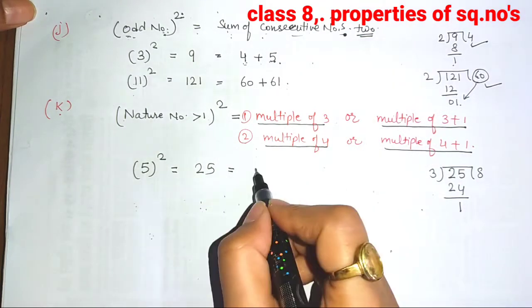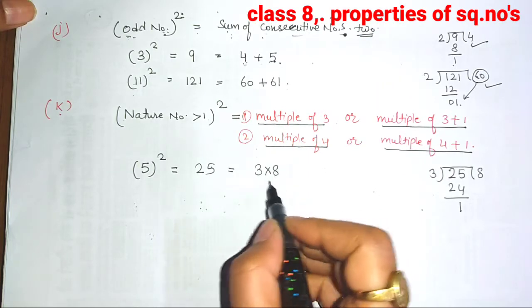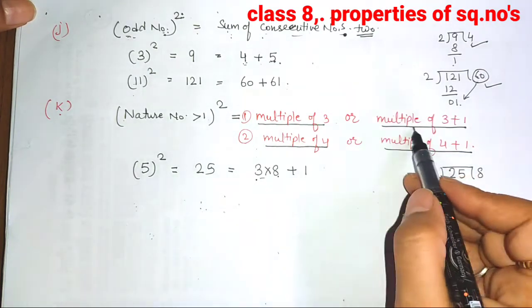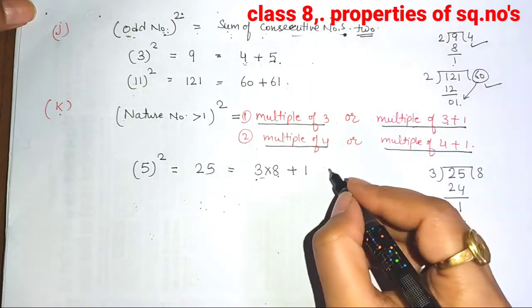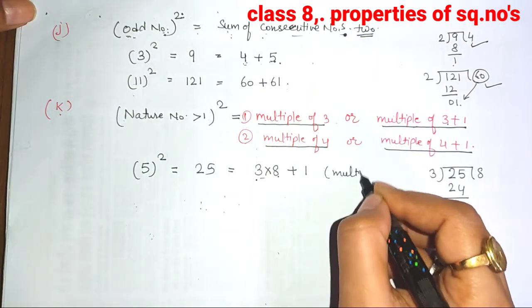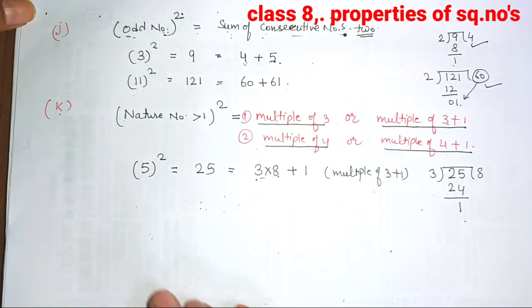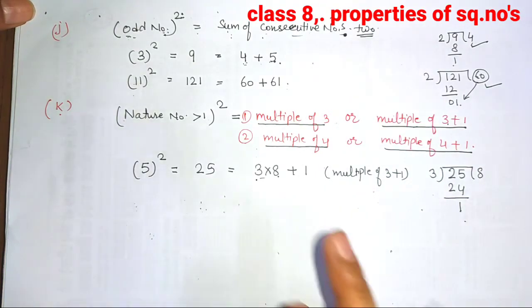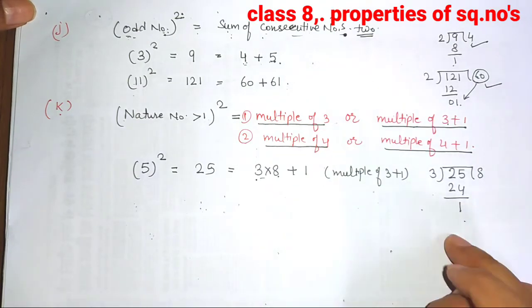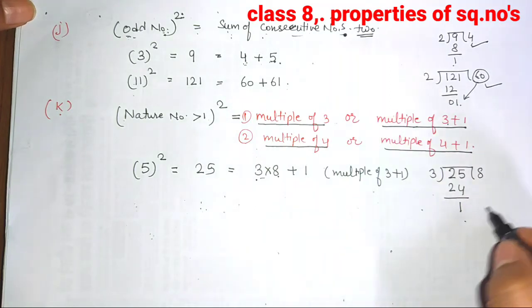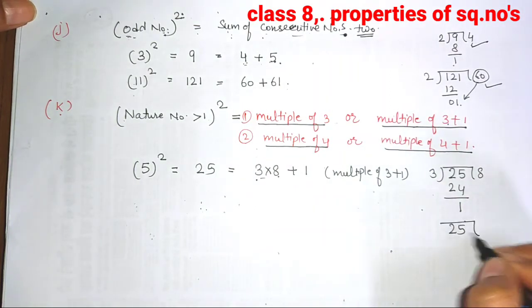So we can express it like this way: a multiple of 3 plus 1. Every natural number square, you are getting a remainder 1 or 0 when you divide by 3.